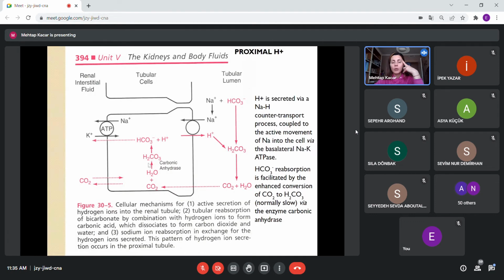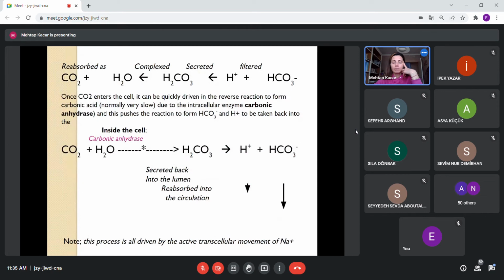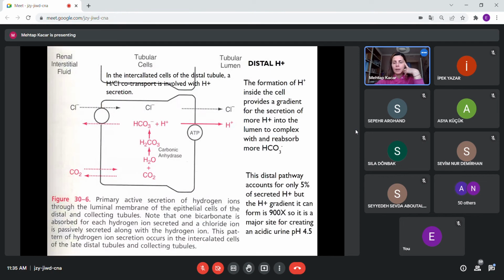Later this carbon dioxide together with water gives carbonic acid, and this carbonic acid dissociates into bicarbonate ion, and this bicarbonate ion enters the blood, and hydrogen ion is again secreted into the lumen. Okay. Yes, and they are very detailed. You don't need them.